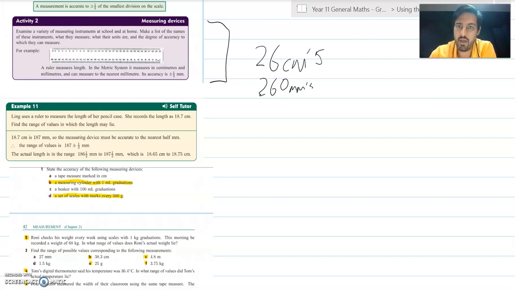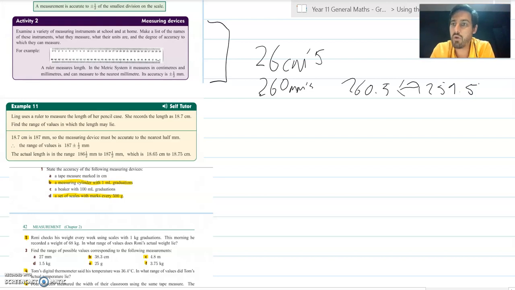So our higher value is 260.5, and our lowest is 259.5. So plus or minus half of the smallest unit. It's 260 millimeters, accurate to half a millimeter. Half a millimeter more than 260 is 260.5. Half a millimeter less is 259.5.